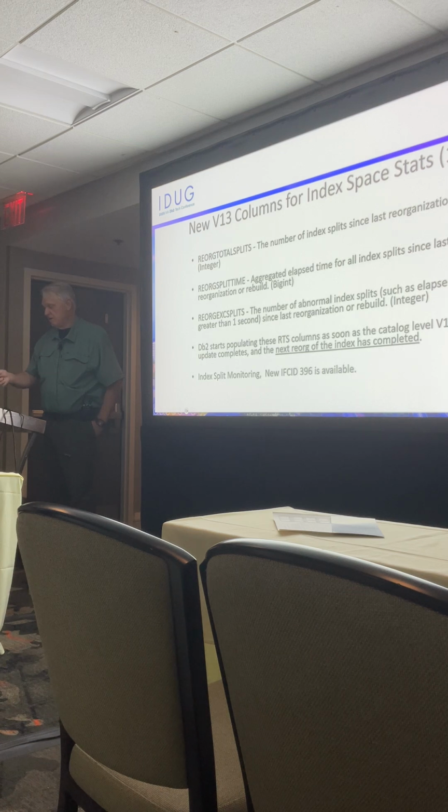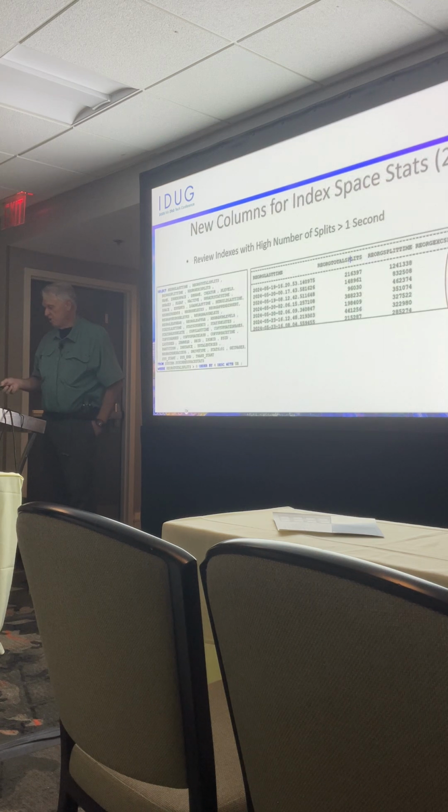Okay, and then regarding index space, index splits, there's new columns in version 13. And we did have some split issues where things were slower on a table that was being hammered all the time. And I guessed where it was, and then this SQL proved that I was kind of correct.